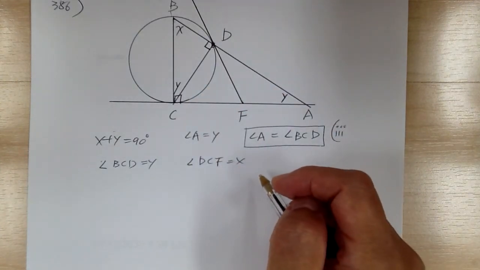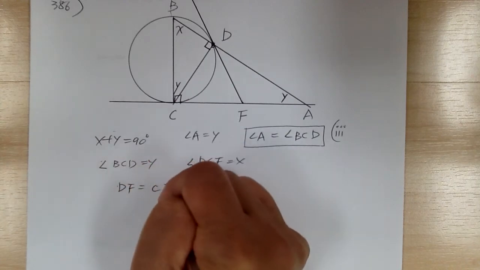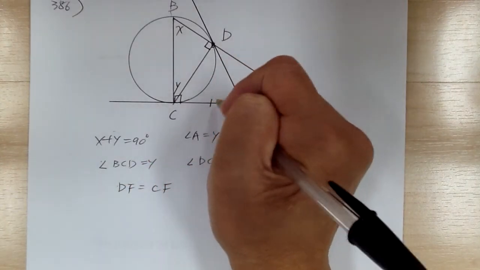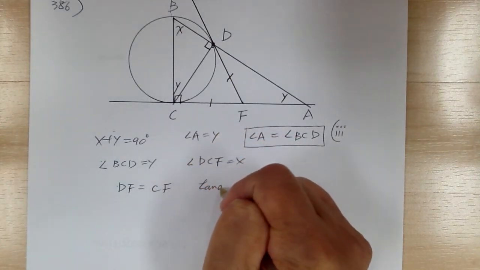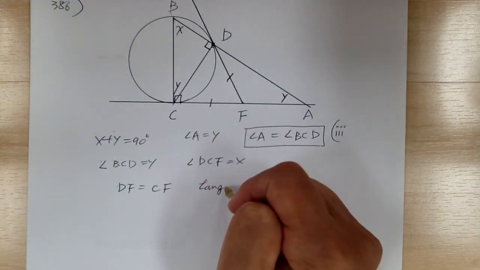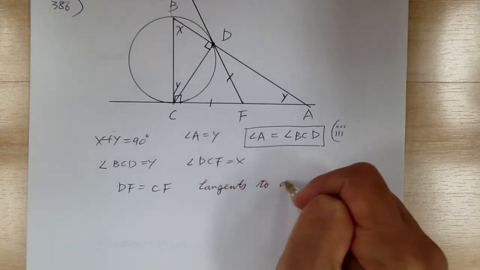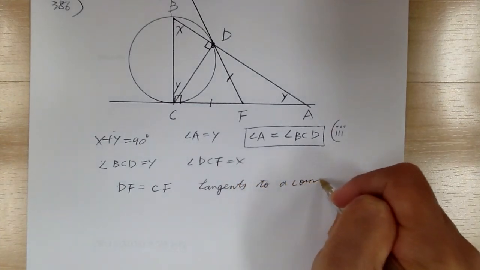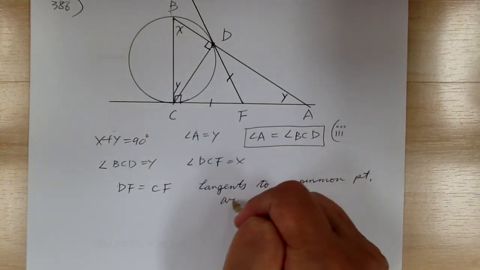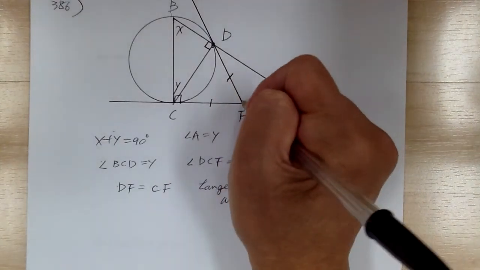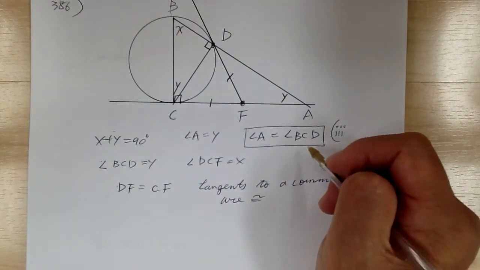Next, we have DF equal to CF. This is congruent to that because both are tangents to a common point, and tangents to a common point are congruent. So again, this is a common point, those two are tangents, so these are congruent.